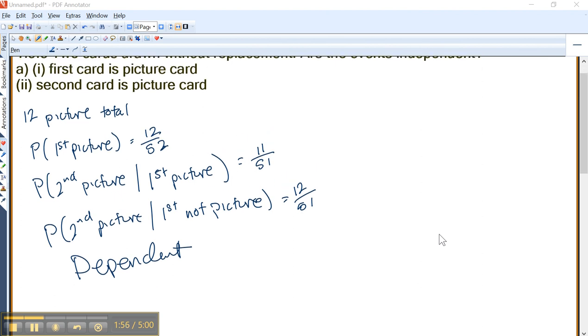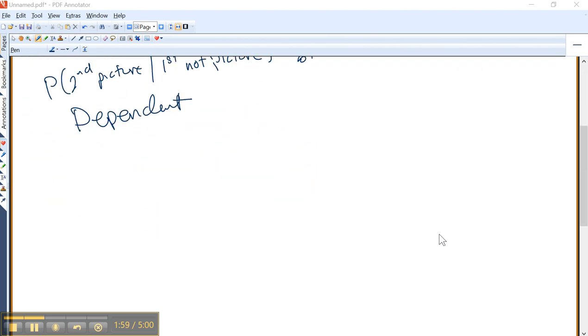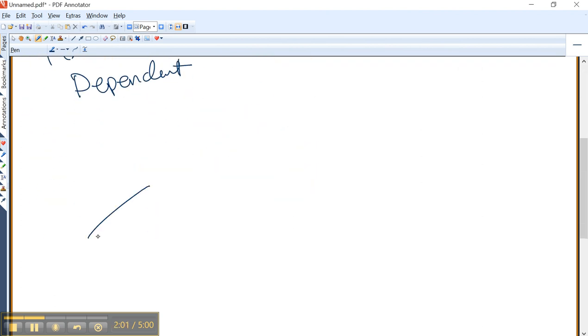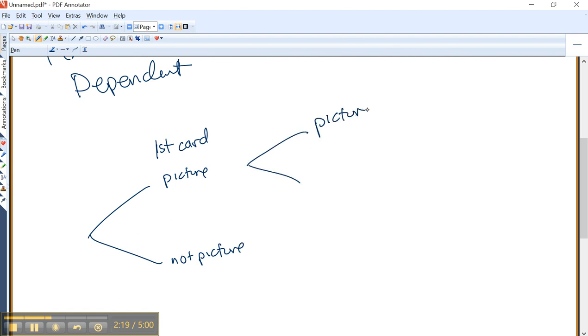Now sometimes it's helpful to draw a tree diagram. I would have drawn a tree diagram like this. So for our first card, you could either have picture or not picture. For your second card, you could either have a picture or not picture.